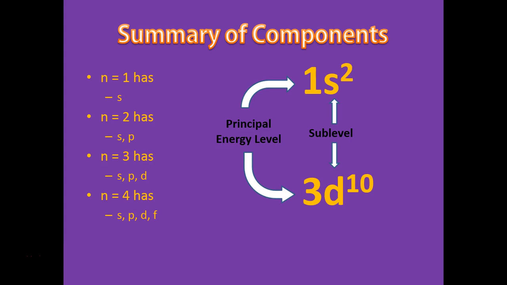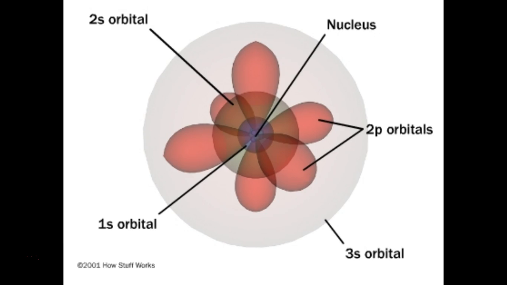So when we say 1s2, we're saying first energy level S sublevel, and then 3d10 is third energy level D sublevel. And then this is the number of electrons that exist within that sublevel. So 1s2, 2 electrons in the 1s sublevel. 10 electrons in the 3d sublevel.